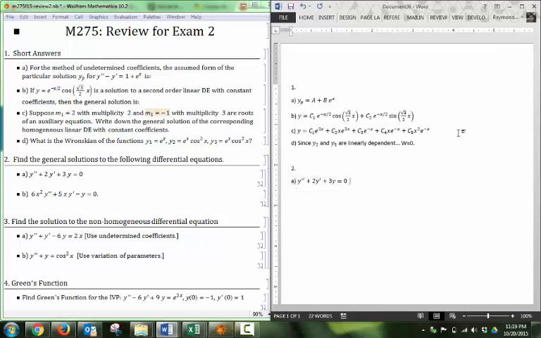And what we want to do is come up with our auxiliary equation. So our auxiliary equation is going to be m squared plus 2m plus 3 equal to 0.